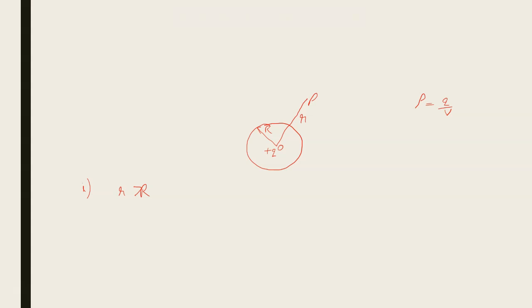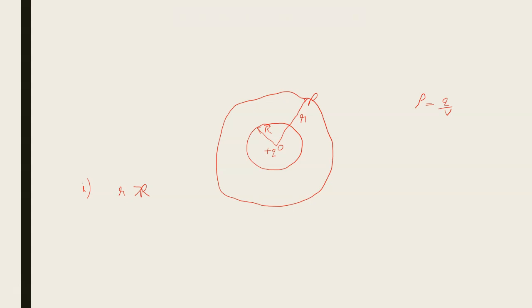In order to find the intensity of electric field at point P, we will draw a concentric Gaussian spherical surface of radius small r through this point P. I will try to draw this concentric Gaussian surface of radius r.